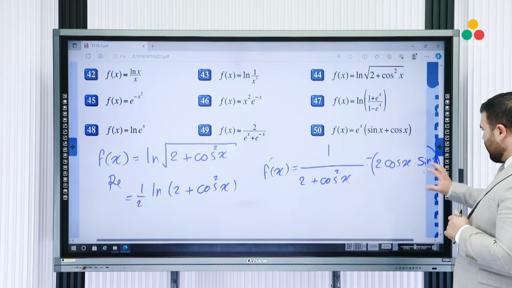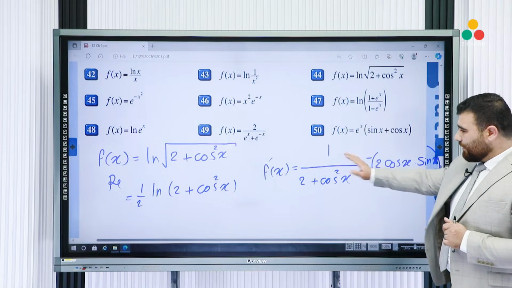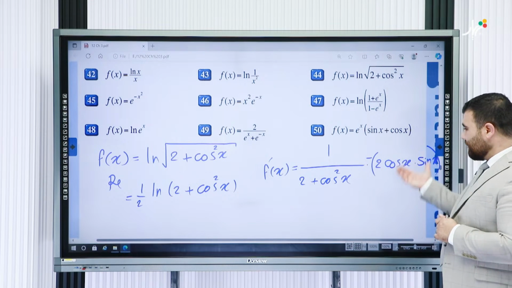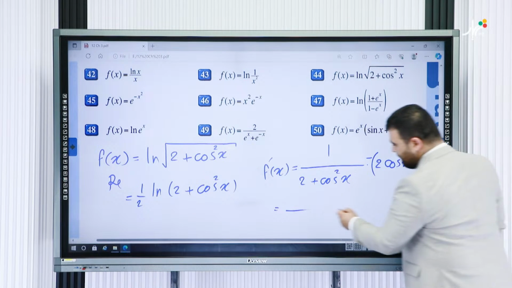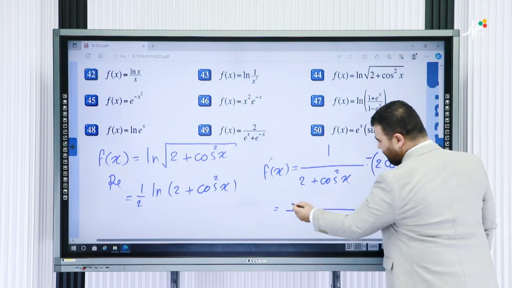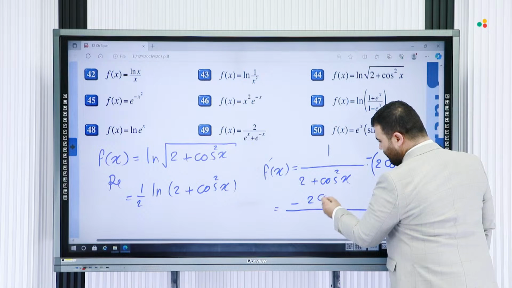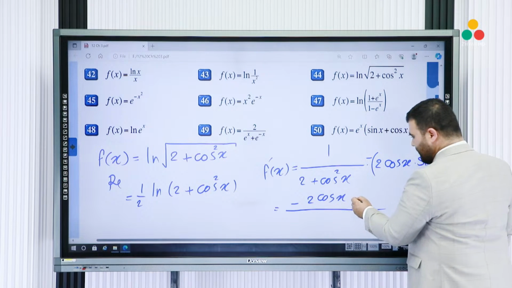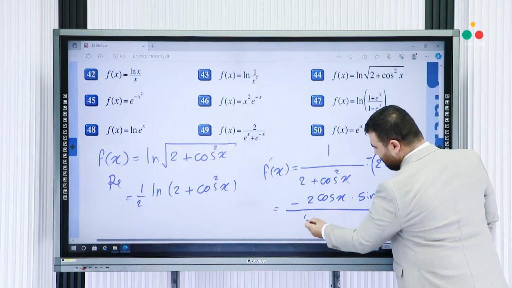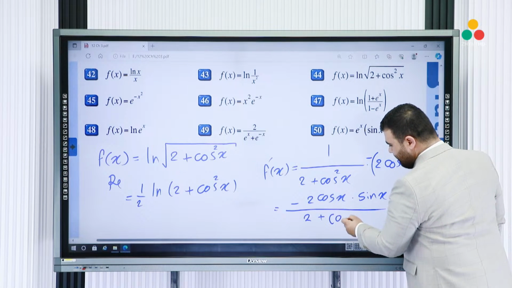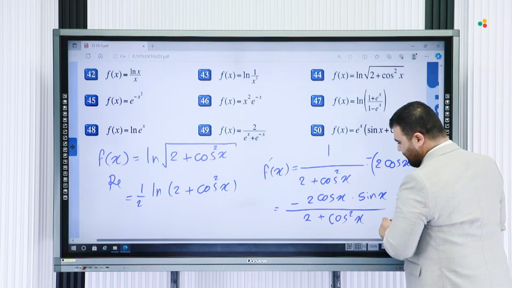Now, if we simplify this, we write this one up here. As we multiply any fraction by any term, we only multiply it with the numerator. So the answer is negative 2 cosine x sine x over 2 plus cosine squared x.